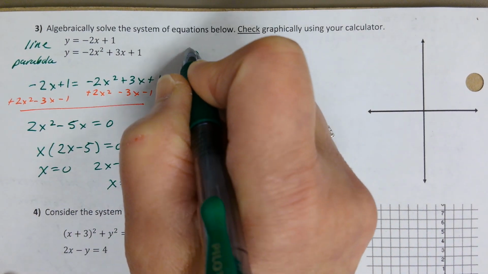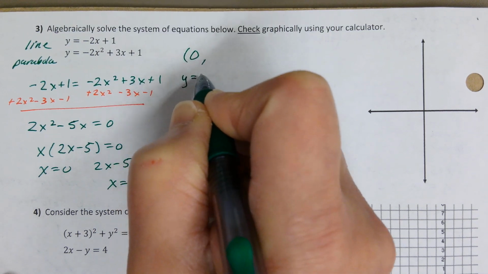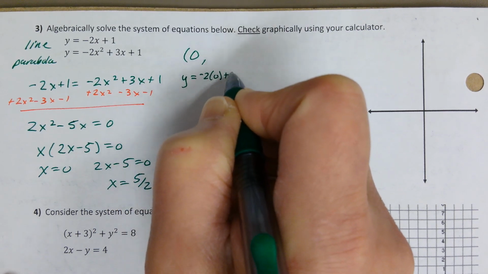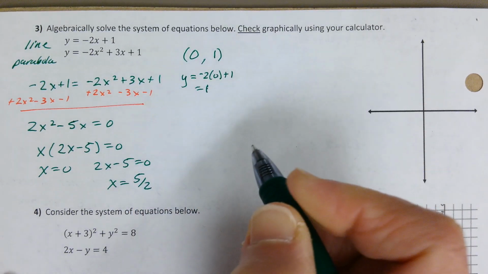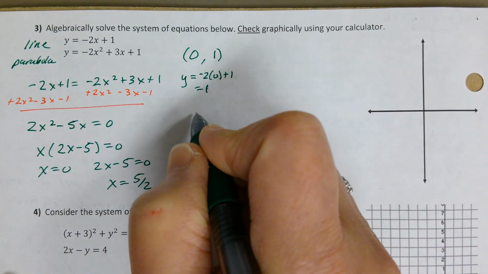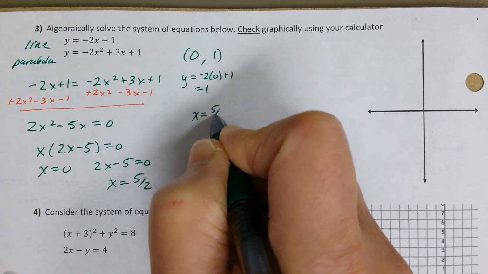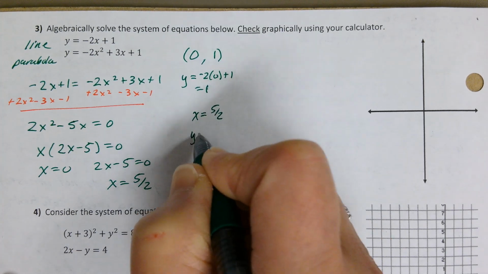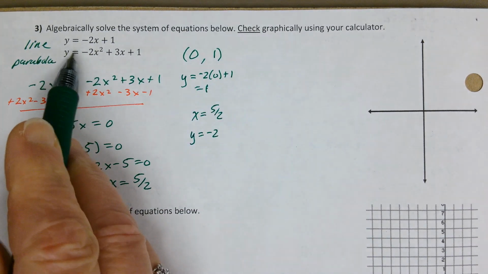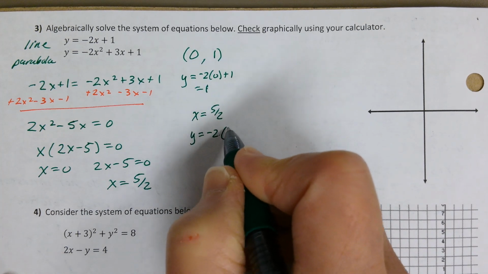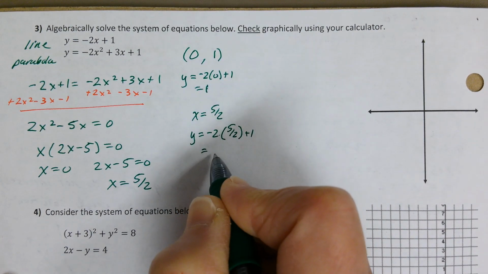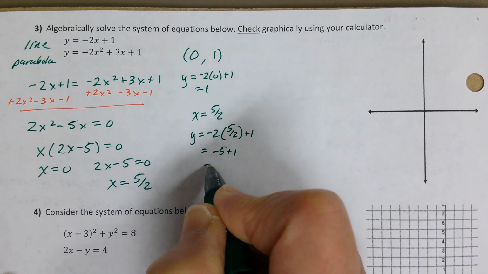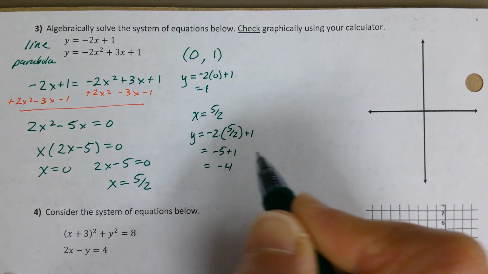When x is 0, what is y? Negative 2 times 0 plus 1, which is 1. And when x is 5/2, y equals, going back to the linear, negative 2 times 5/2. It's negative 5 plus 1, which is negative 4.